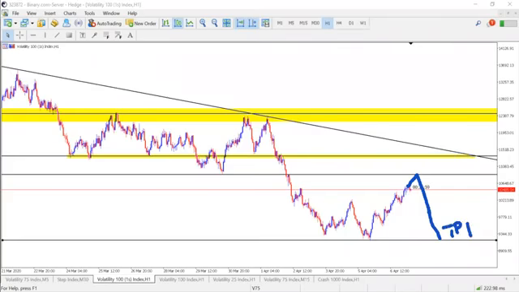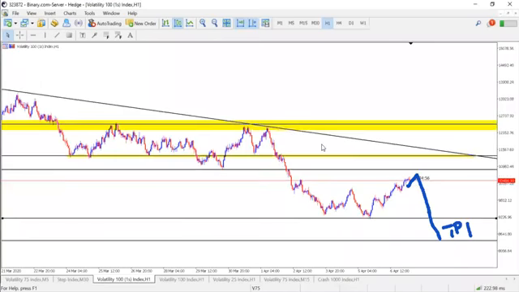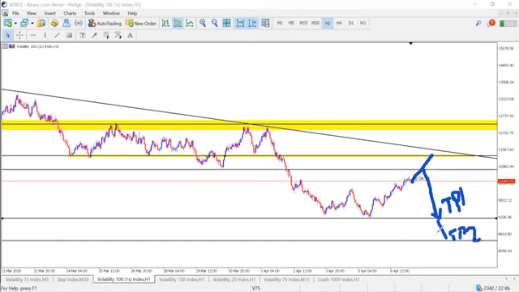And then again, what will be our TP number two? This will be our TP number one as price goes to this level or either this level. This will be our target profit number one, or this will be our TP2, right? Because it's where we're expecting the market to come and make a bounce from.